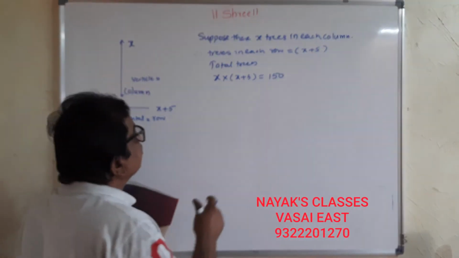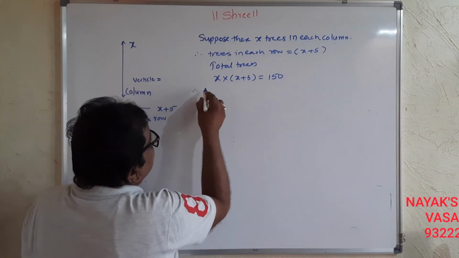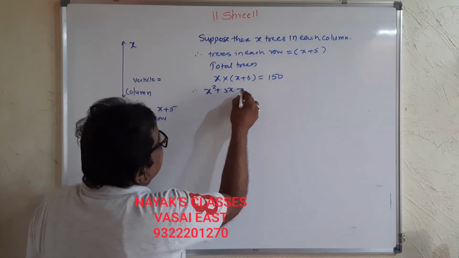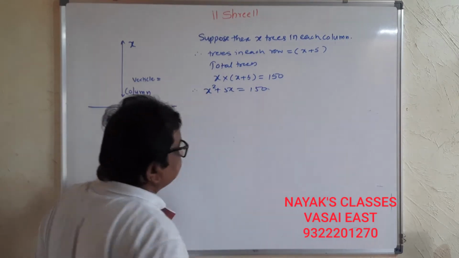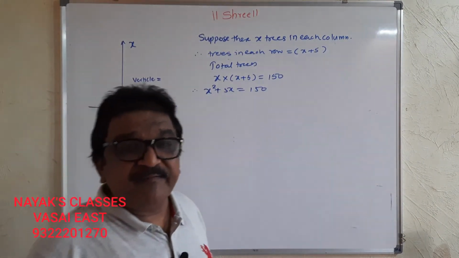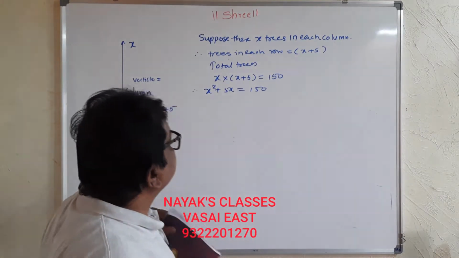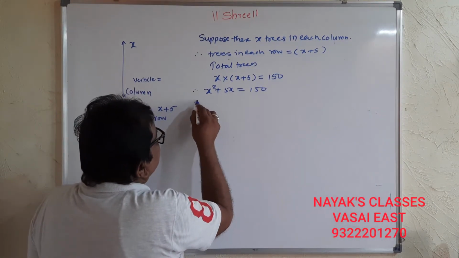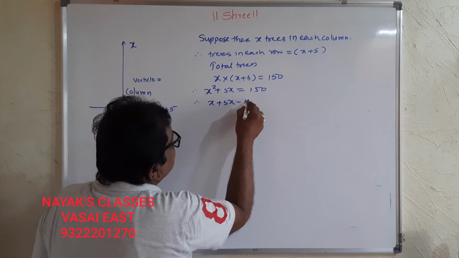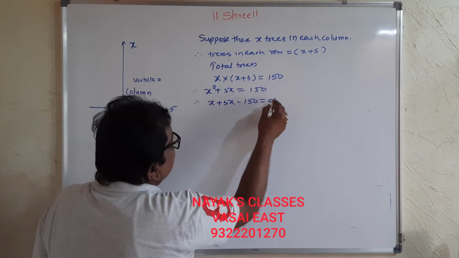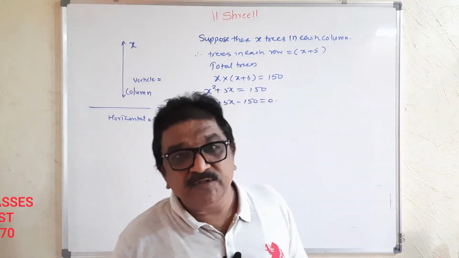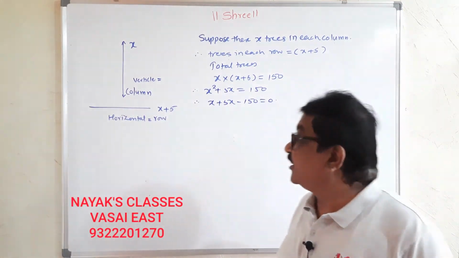Now, expanding this, we will get x square plus 5x is equal to 150. Therefore, x square plus 5x minus 150 is equal to 0, taking that constant term to the left hand side.